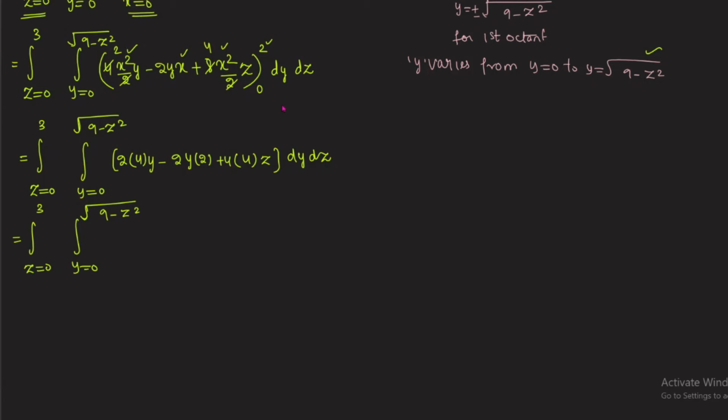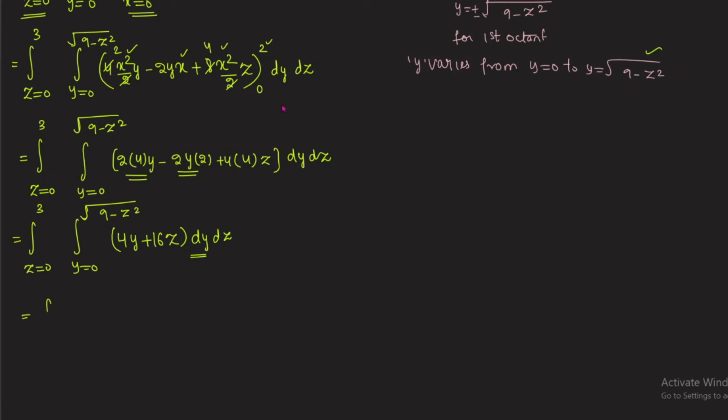Now we have 8y minus 4y will be 4y plus 16z dy dz, right?